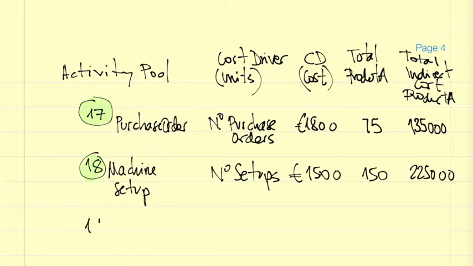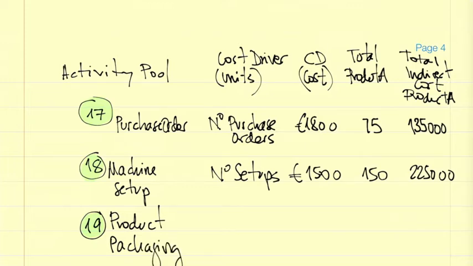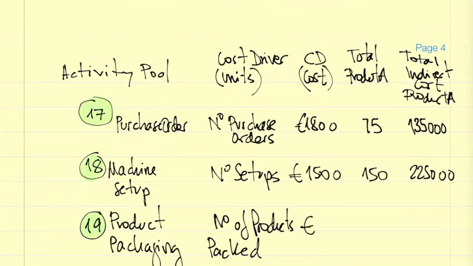Then we have number 19, product packaging. Number of products packed. The unit cost is 0.2, and I have 900,000 of product A, we know that, so it's a total cost of 180,000.